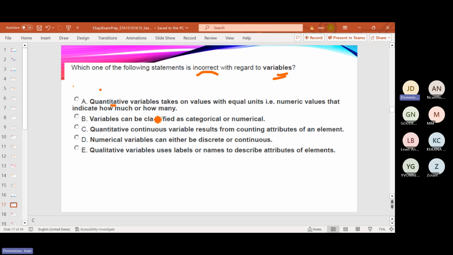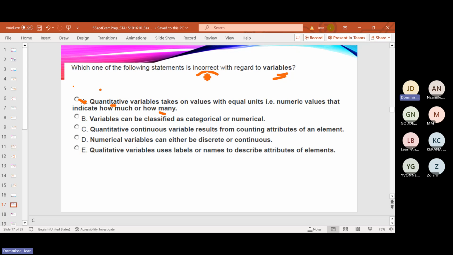Example, numeric values that indicate how much or how many. Okay, quantitative, quantity, how much, how many, that is correct. So how much it costs, how much a person weighs. So that is all numeric variables. Numeric goes with quantitative. So the first one is correct.